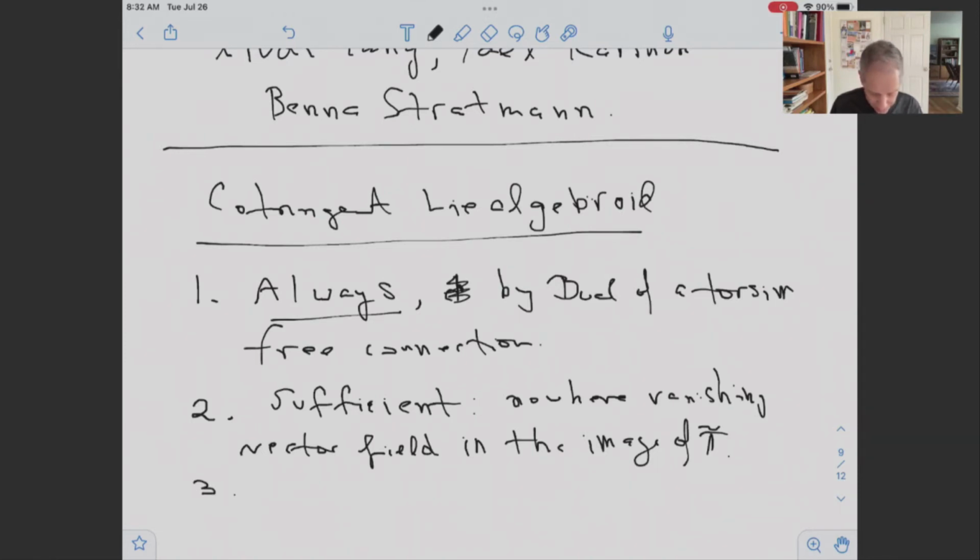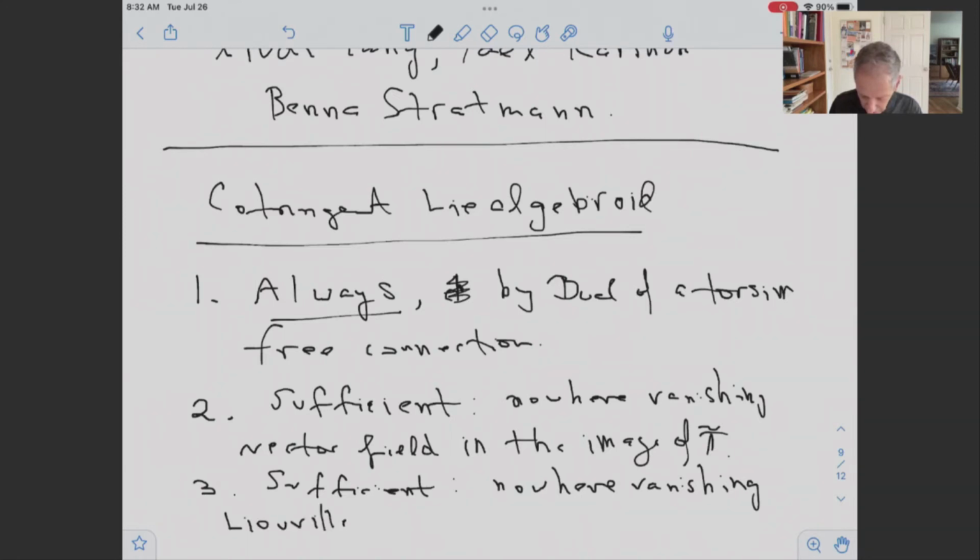And the third condition, again sufficient, is a nowhere vanishing Liouville vector field.